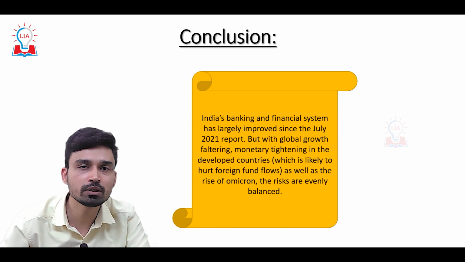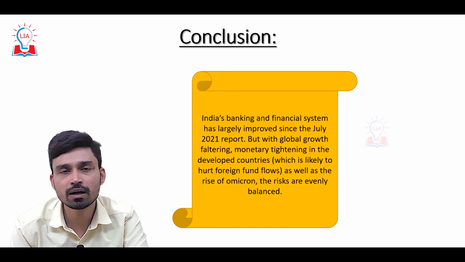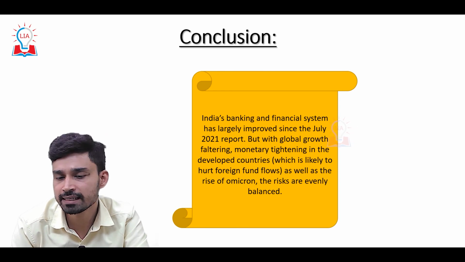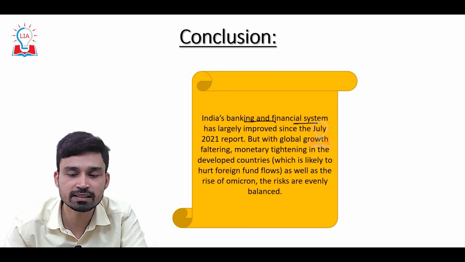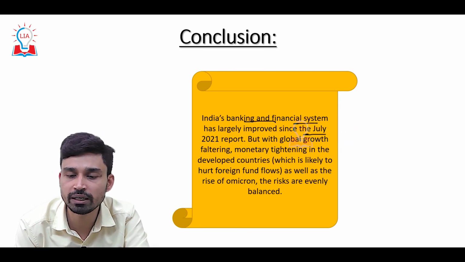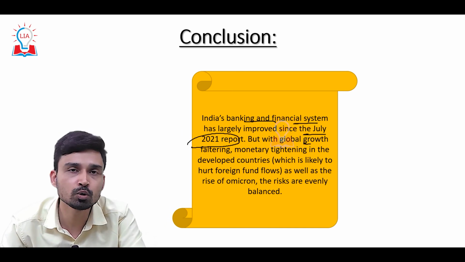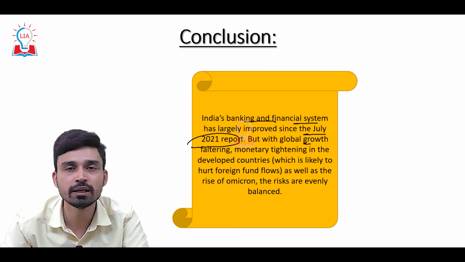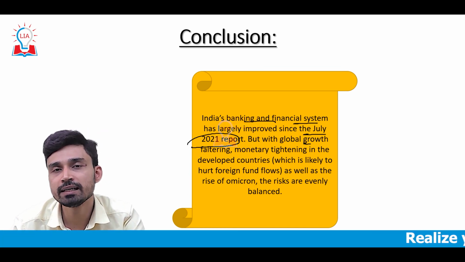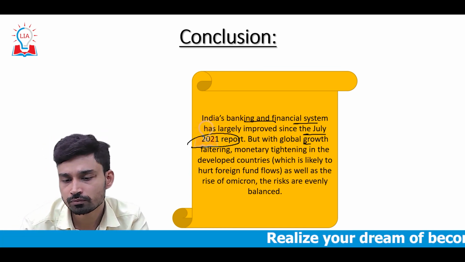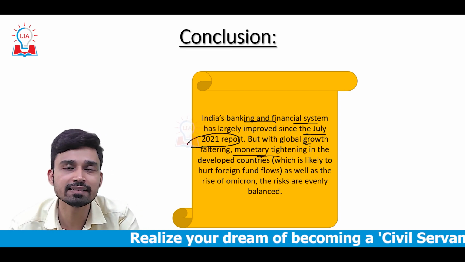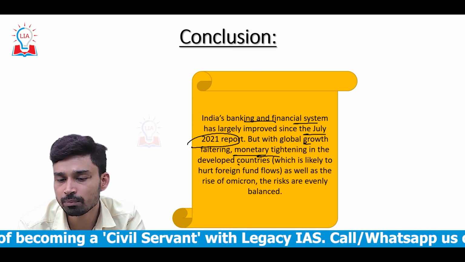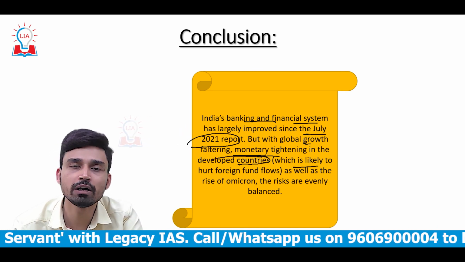Now, if we have to conclude, as per the recent FSR report published by the RBI, India's banking and financial system has largely improved since July 2021. But global growth is faltering, mainly because of the rise of COVID cases again due to the strike of Omicron, a new variant, and the sharp increase in cases all across the world, as well as the monetary tightening happening both at the US Federal Reserve and by the RBI, especially in the developed countries, which is likely to hurt foreign fund inflows.